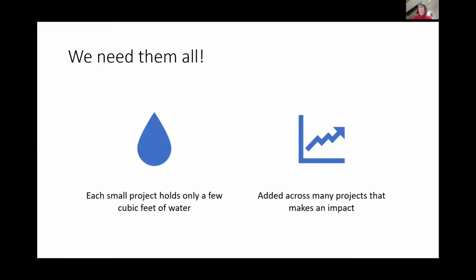It reminds me of one of my favorite songs, Pete Seeger's Step by Step. There's a line about many stones can form an arch, singly none, and drops of water turn a mill, singly none. These drops of water that we're able to store, just a few cubic feet on their own, don't make a difference, but add them together and we can have an impact.